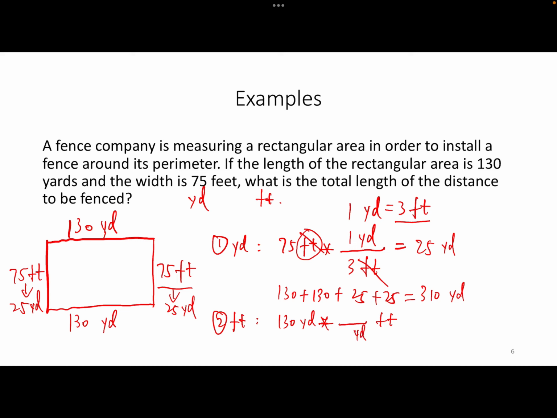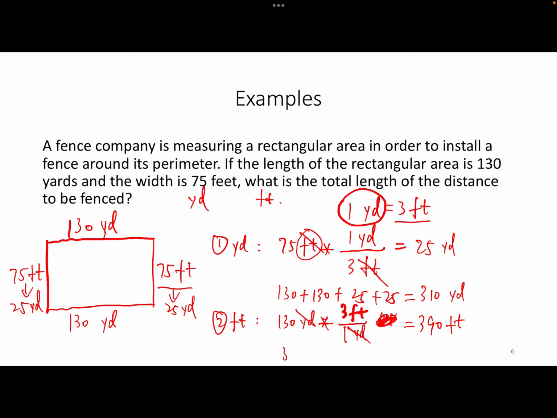The yard needs to be on the denominator, which is 1 yard, and the numerator will be 3 feet. Since I already put a foot there, I will just delete this one. So yard and yard cancel, and the numerator is 130 times 3, which is 390, and the unit is feet.